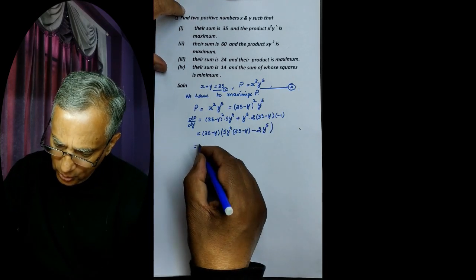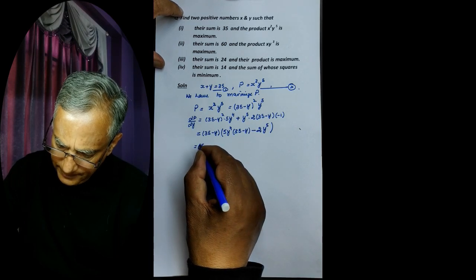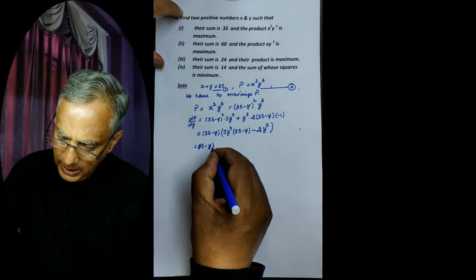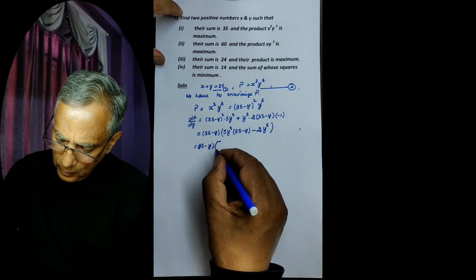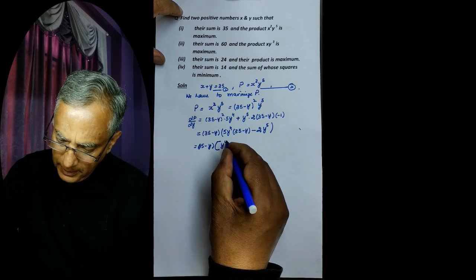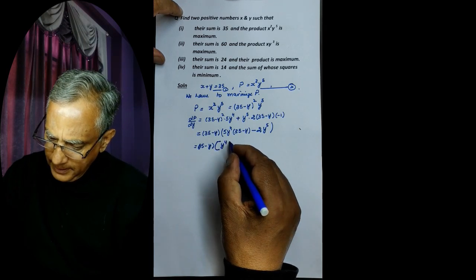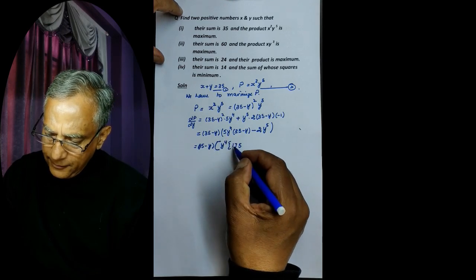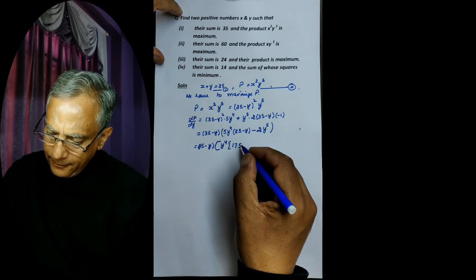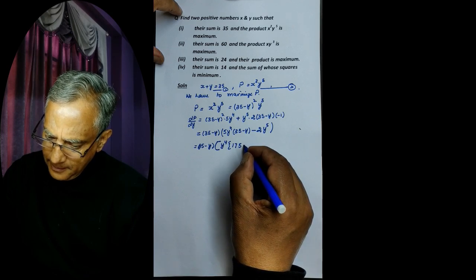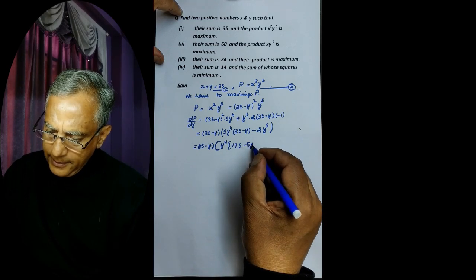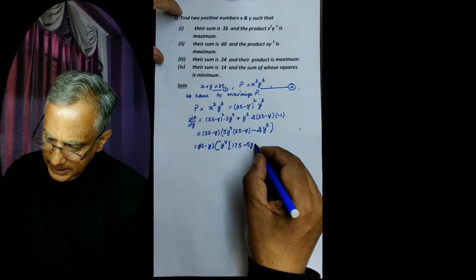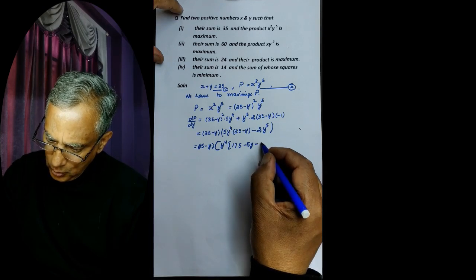So this is equal to (35 minus y) into y^4 is common, and we are left with 5 into 35, which is 175, 175 minus 5y minus 2y.